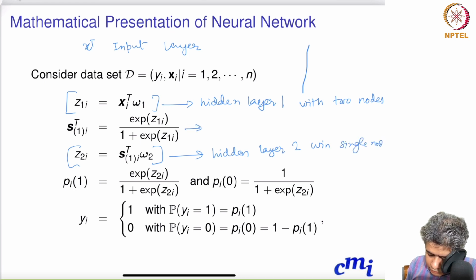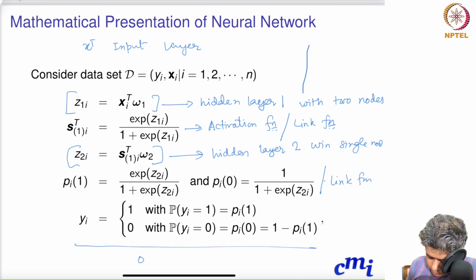This is the activation function, also known as the link function in statistics. So this is the link function, and this is the output layer.